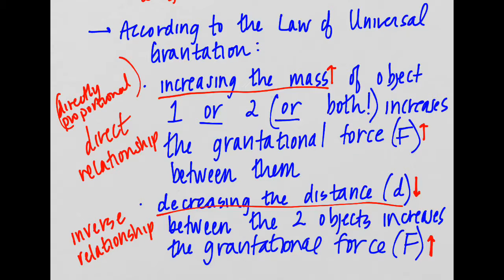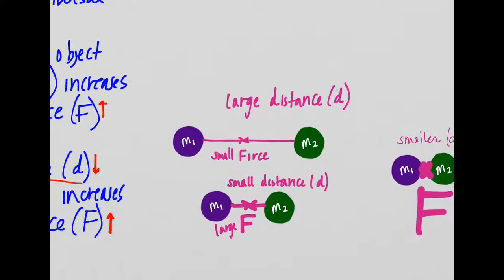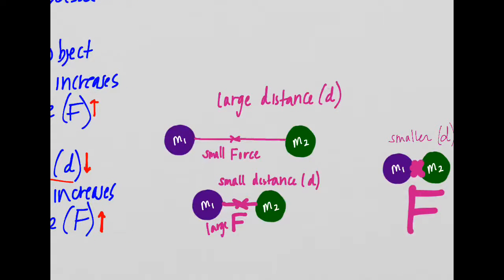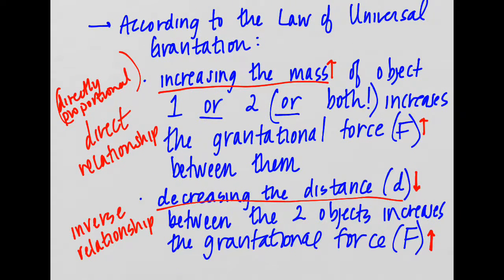And then we looked at distance. If we decrease the distance between the two objects, if we move the two objects closer together, we increase the force between the two objects. So this is an inverse relationship, or you may have heard me also say an inversely proportional relationship.